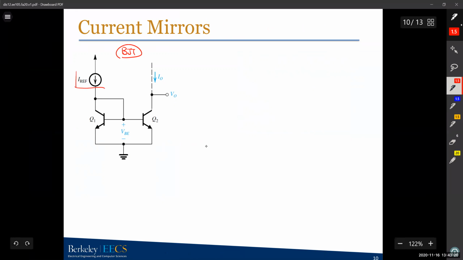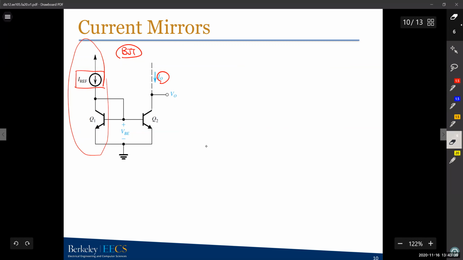You just need to put a reference current source in one branch of your circuit. For example, I have my I reference on the left part of my circuit, and then I can make my I out equal to I ref. So this is called a current mirror.